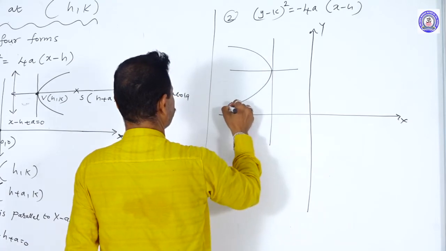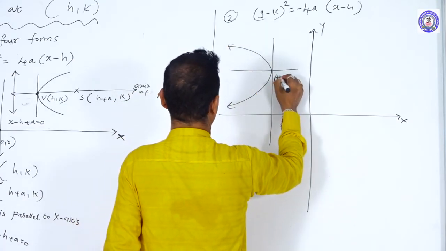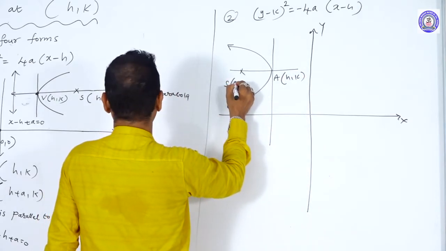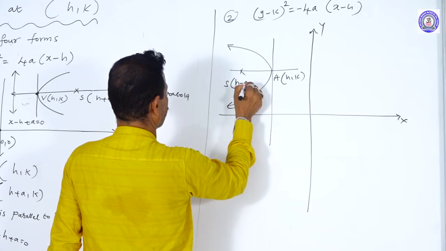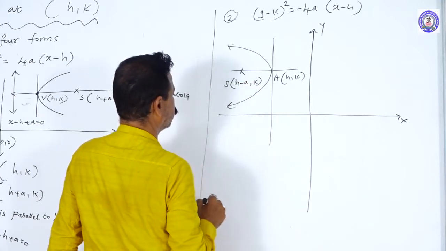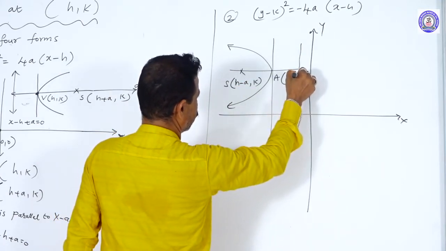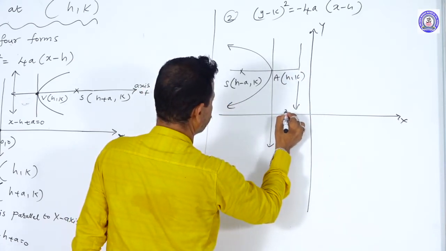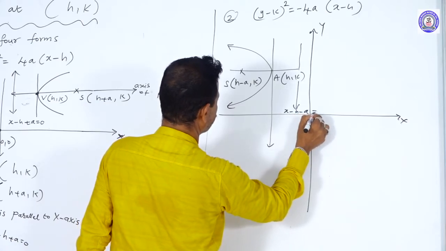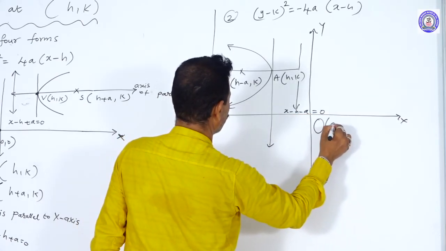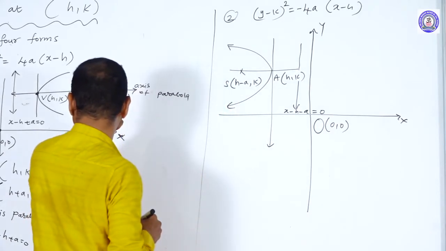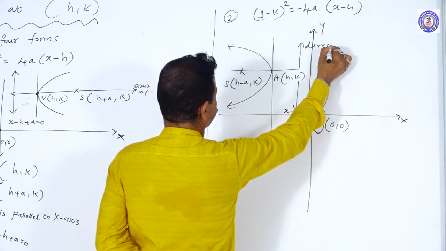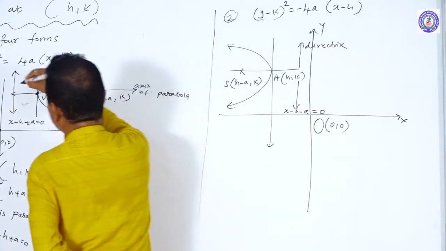This is the vertex h comma k. This focus is h minus a comma k. This is the directrix, x minus h minus a is equal to 0. This is the origin 0 comma 0.